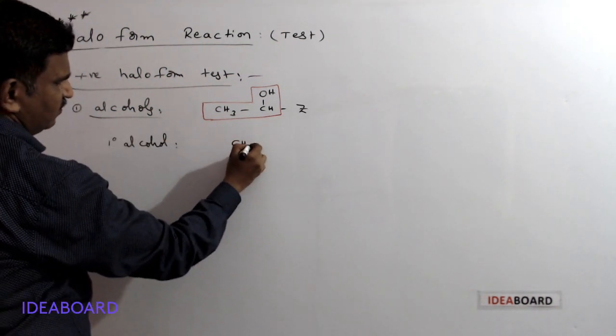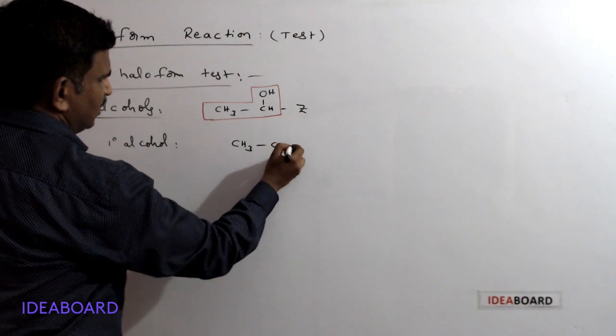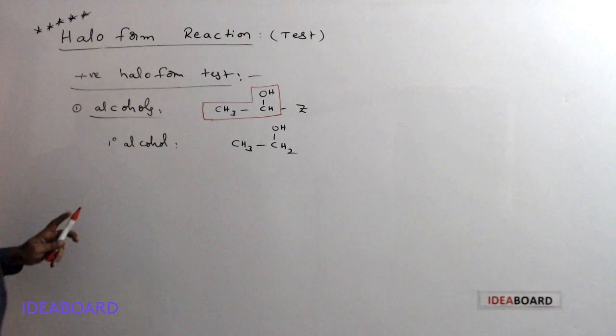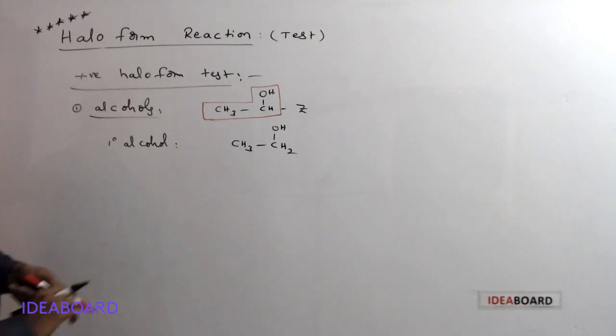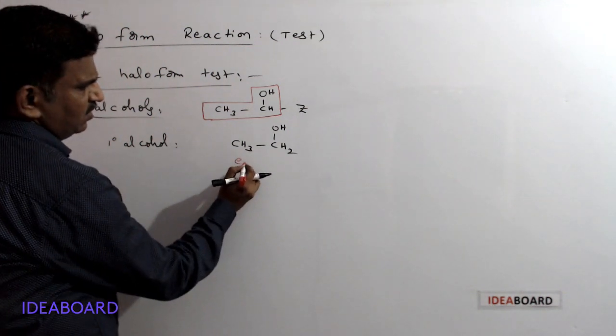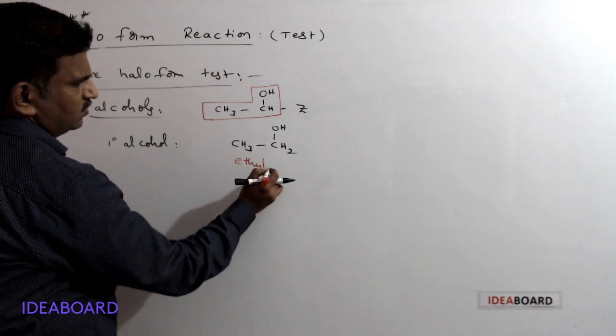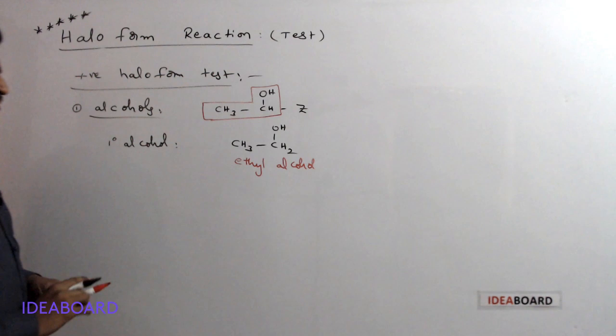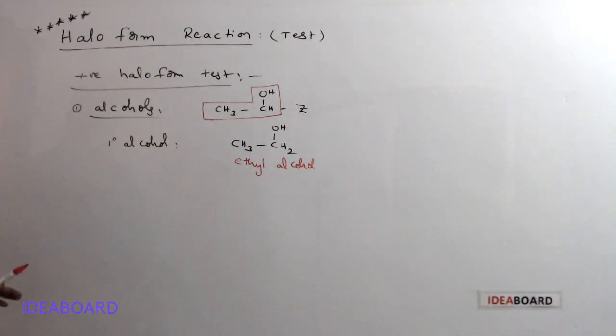Please remember, very important: only one primary alcohol gives the haloform test, that is ethyl alcohol. No other primary alcohols will give the haloform test.